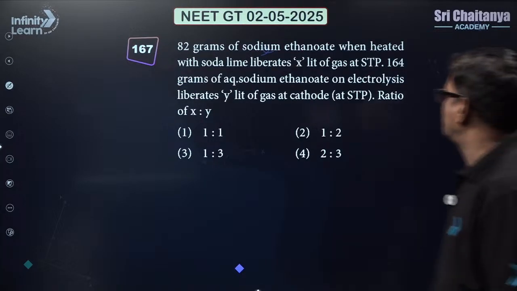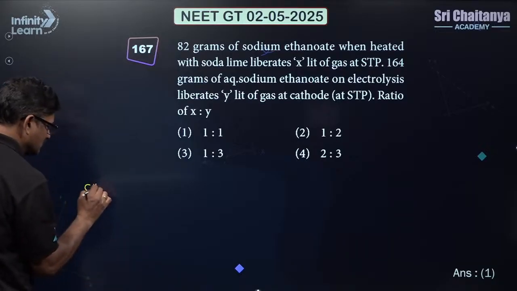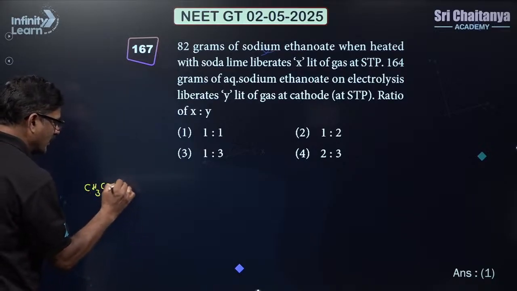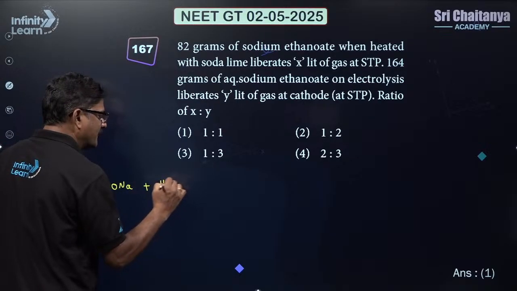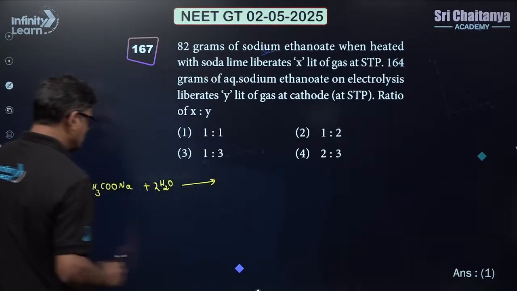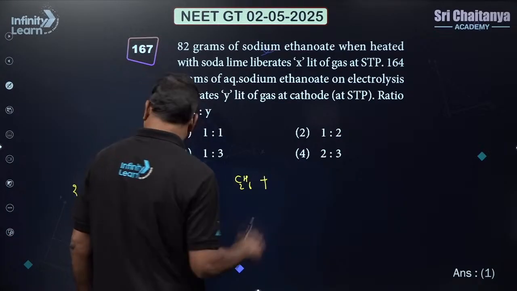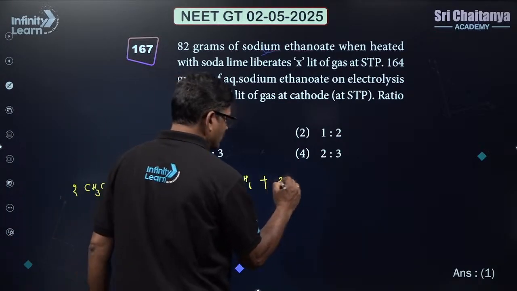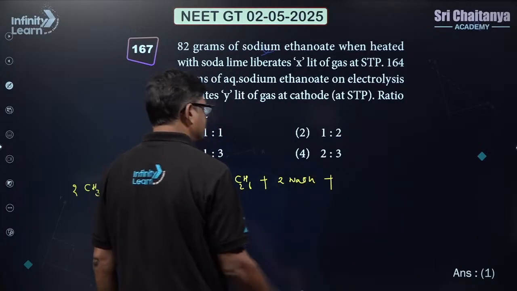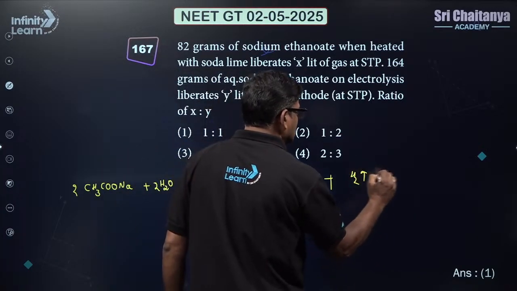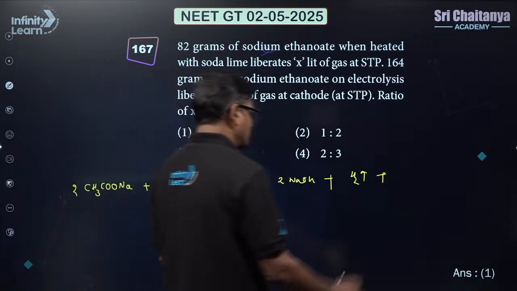And 82 grams of sodium ethanoate, CH3COONa, when it is electrolyzed, it is going to give you ethane C2H6, and you are going to get sodium hydroxide plus hydrogen plus carbon dioxide.